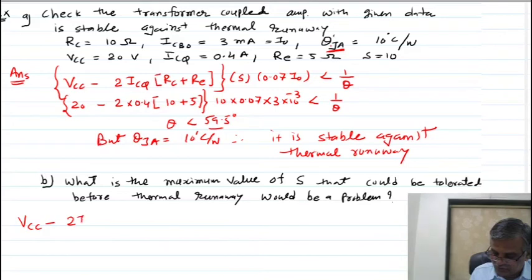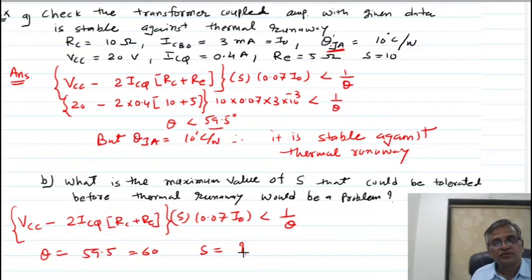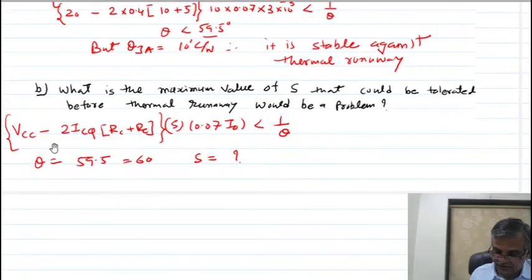VCC minus 2ICQ into RC plus RE, this is S, 0.07, I0 should be less than 1. Now put the theta here, theta should be 59.5. Then what should be the value of S? I can calculate it this way.